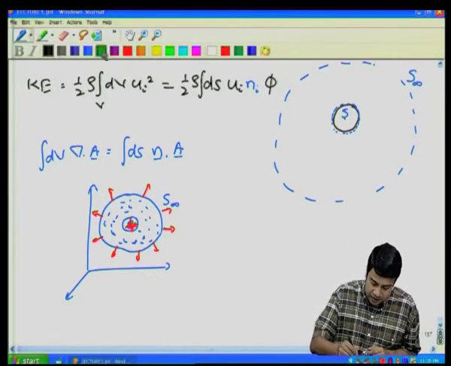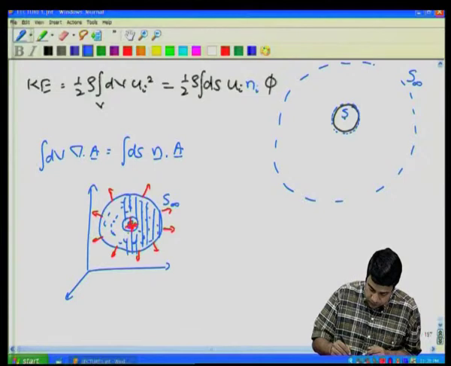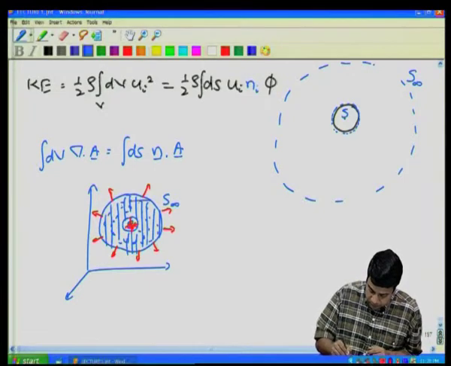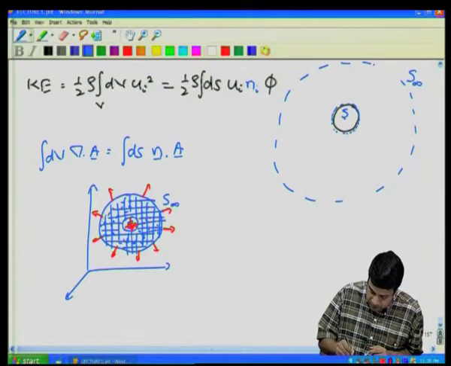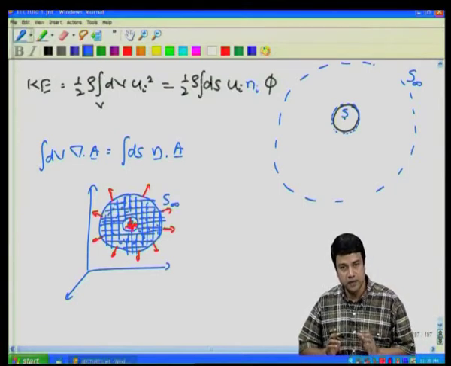I could do my exact same calculation, dividing the volume into a large number of volumes, similar to what I had for the divergence theorem, and then calculate the integral of dV times del dot A over each of these volumes.